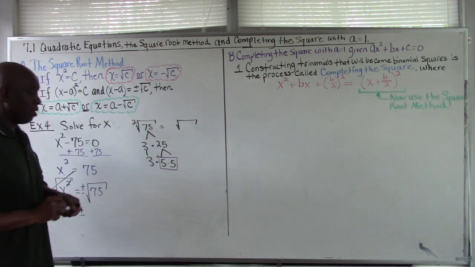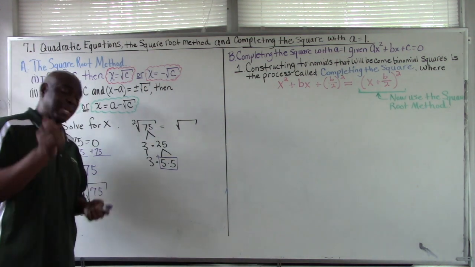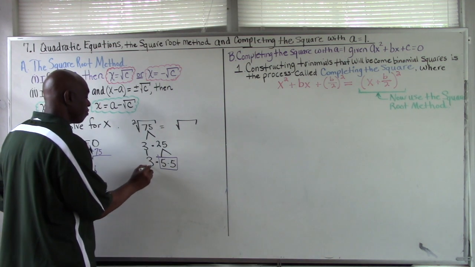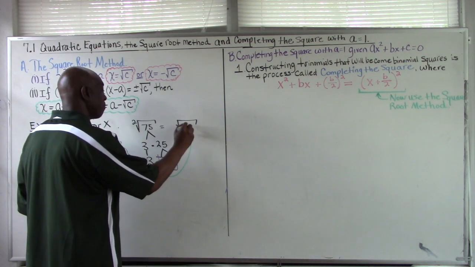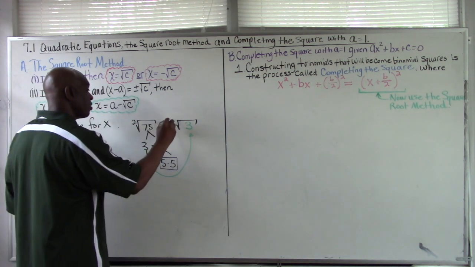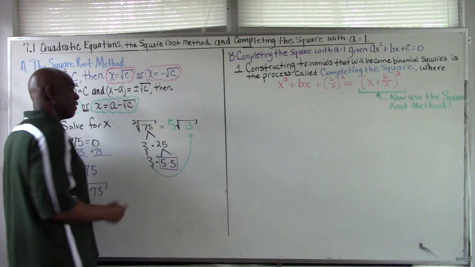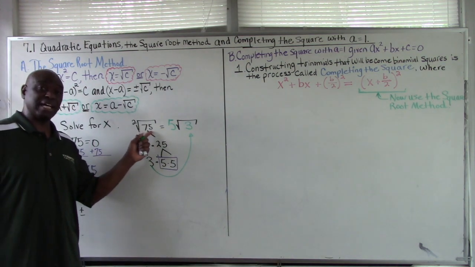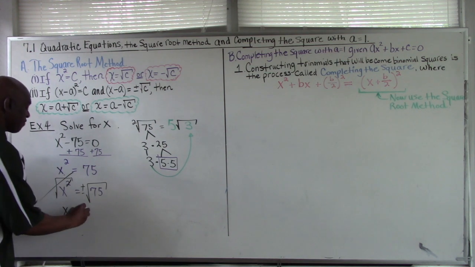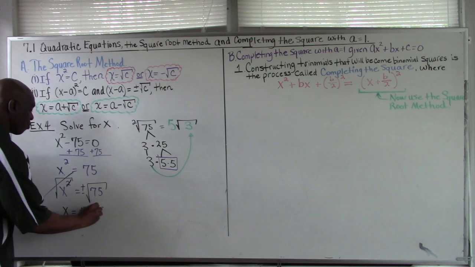What did not get grouped goes back in, so this 3 goes back in. And what did get grouped, only 1 goes out front to represent the group. So the square root of 75 equals 5 root 3. We can go back here and write plus or minus 5 root 3.